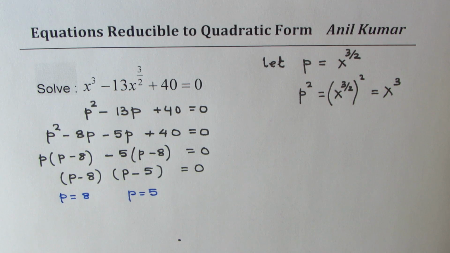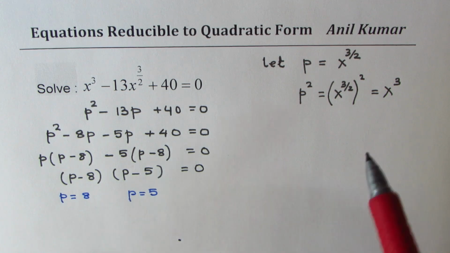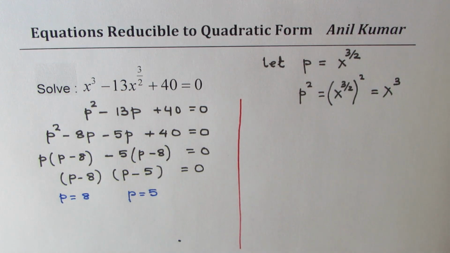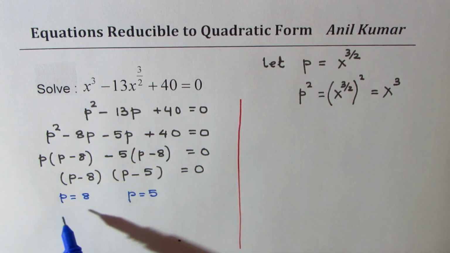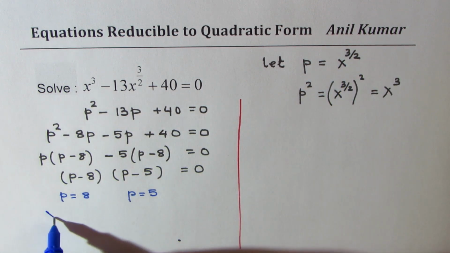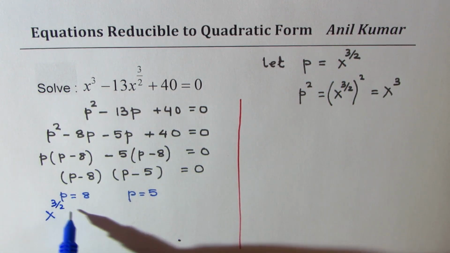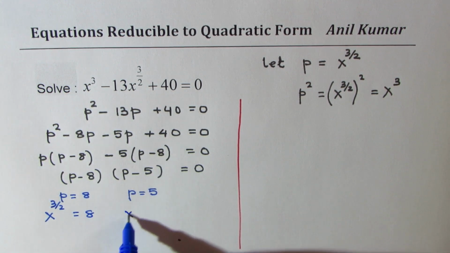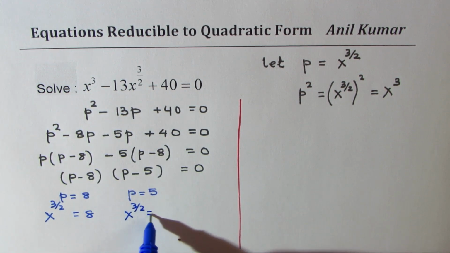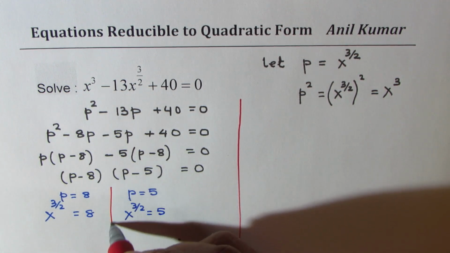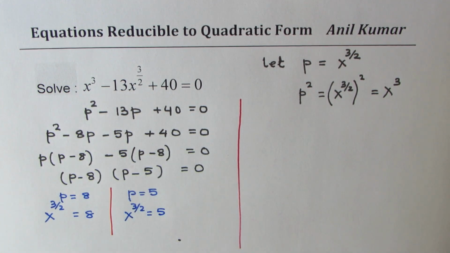Now we can substitute what p is and then find the value of x. So we know p is 8, but p is x to the power of 3 over 2. That means x to the power of 3 over 2 is 8. p equals 5 means x to the power of 3 over 2 is 5, correct? So substituting back, we get the value of x.